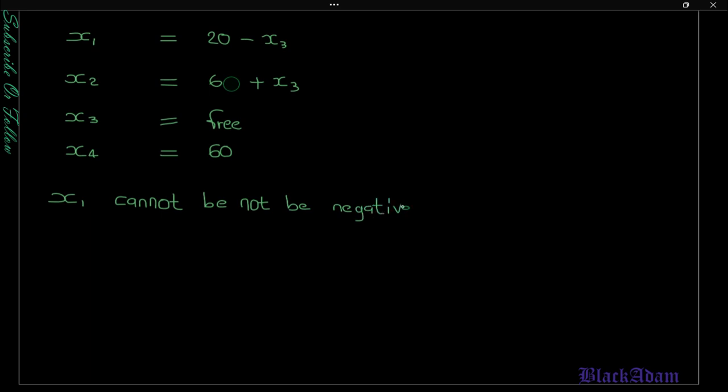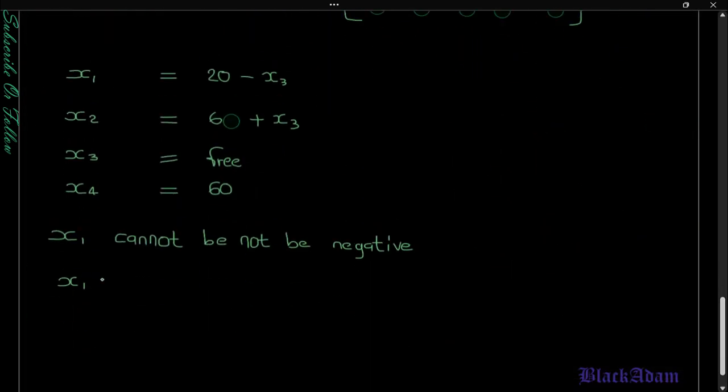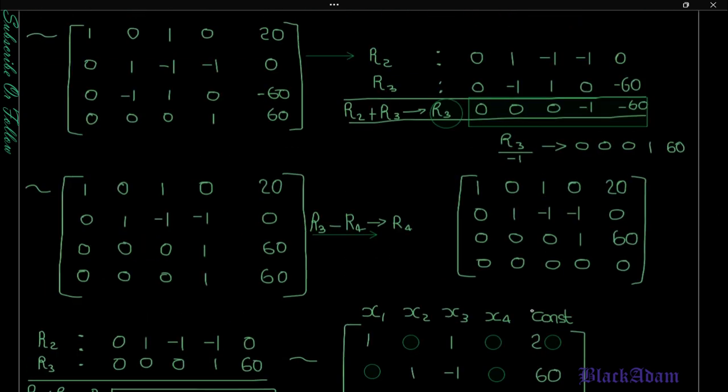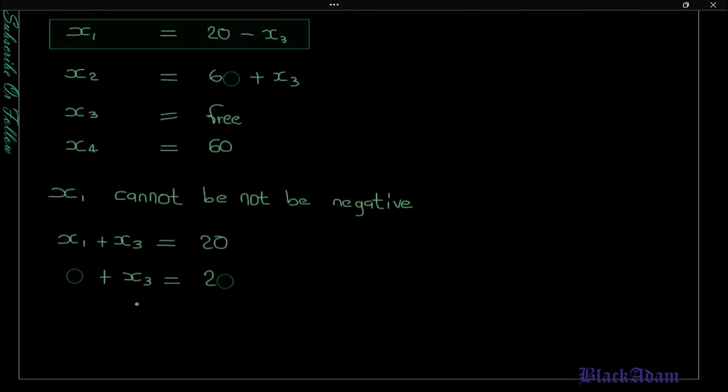Because it cannot be negative, we check in equation 1. That's our equation. We take x3 to that side, so it's x1 plus x3 to give us 20. And then let's make x1 0, and then x3 is going to be 20. So the minimum amount it can have is 0. Imagine nothing is flowing from that side, then everything is flowing from x3. So x3 is going to be 20, and that's our max value.